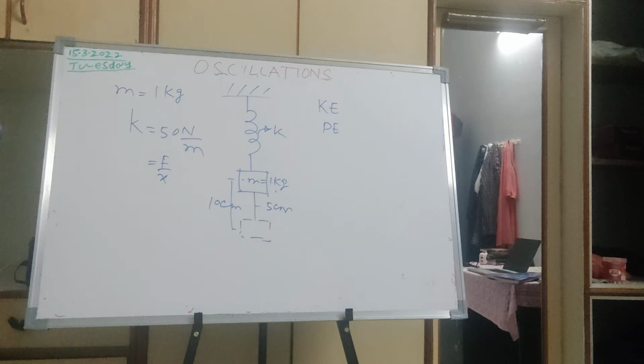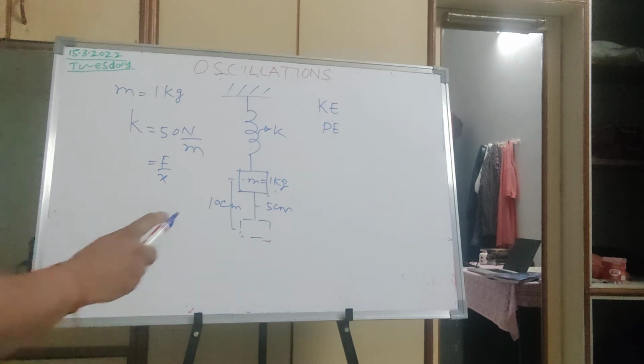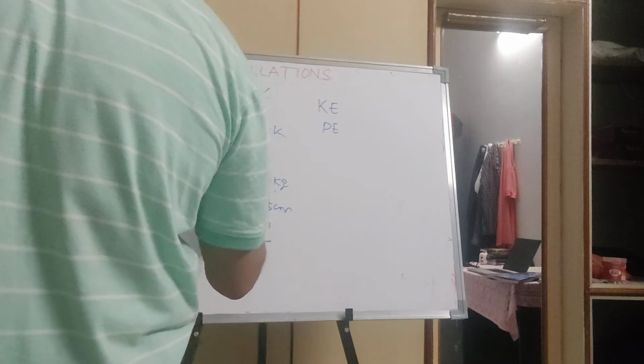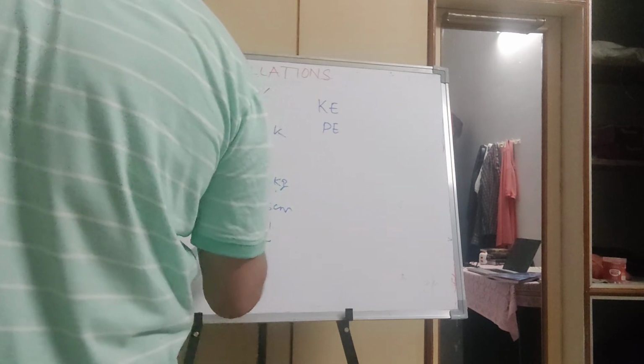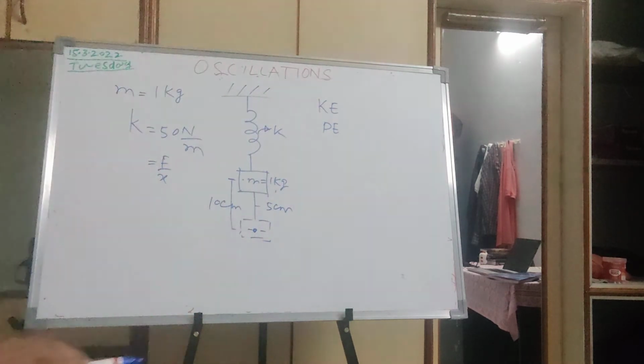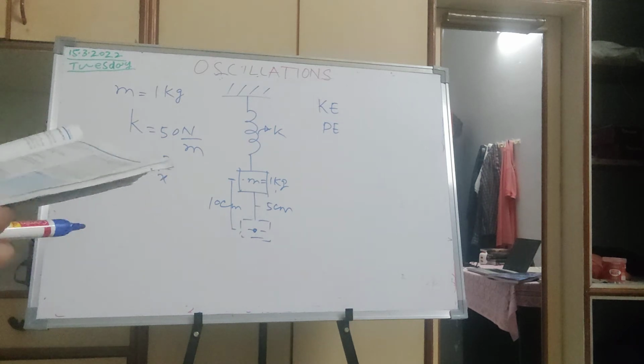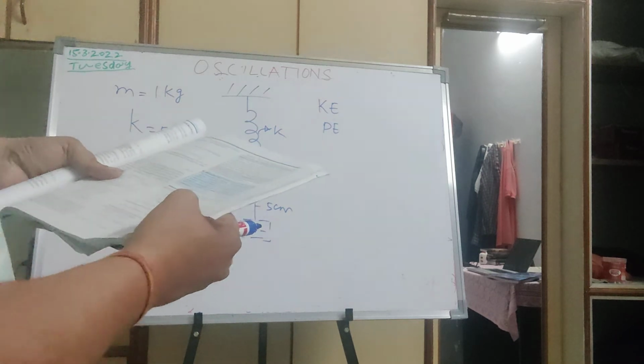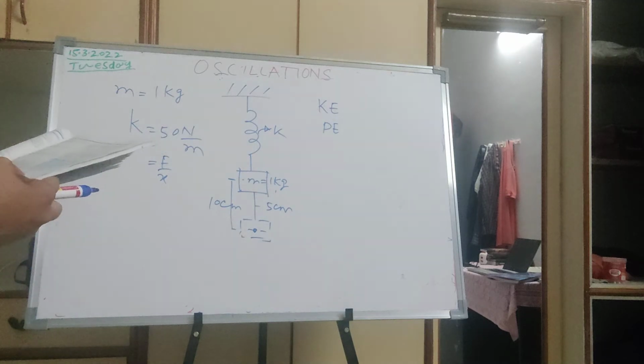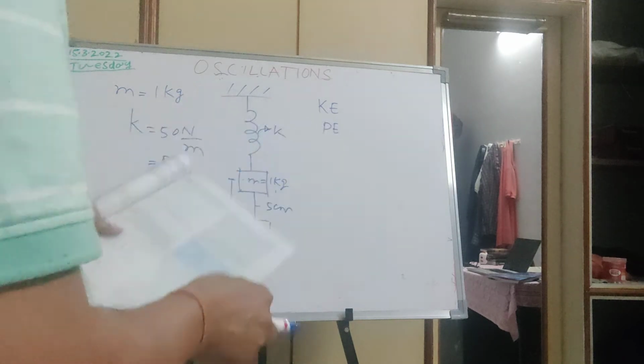And the block is pulled to a distance of 10 centimeter from its equilibrium position at x equal to 0 on a frictionless surface, from rest at t equal to 0. Calculate the kinetic energy and total energy of the block when it is 5 cm away from the mean position.